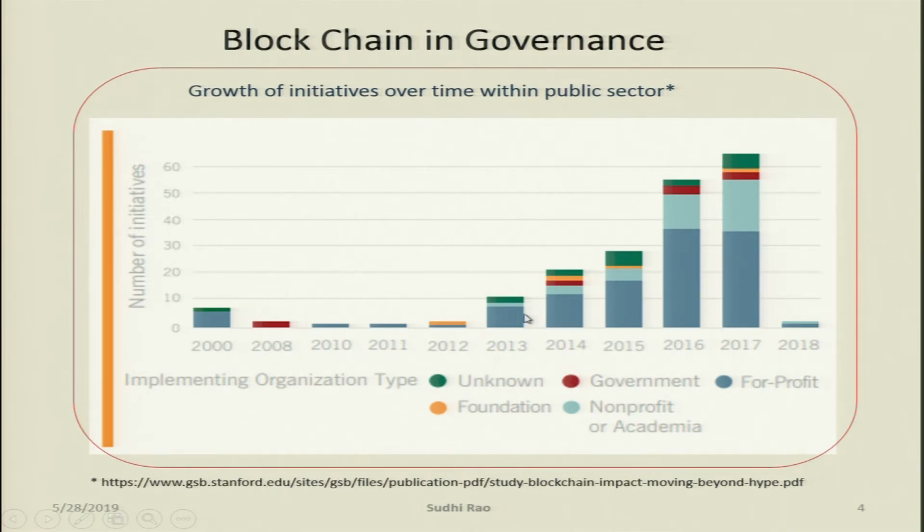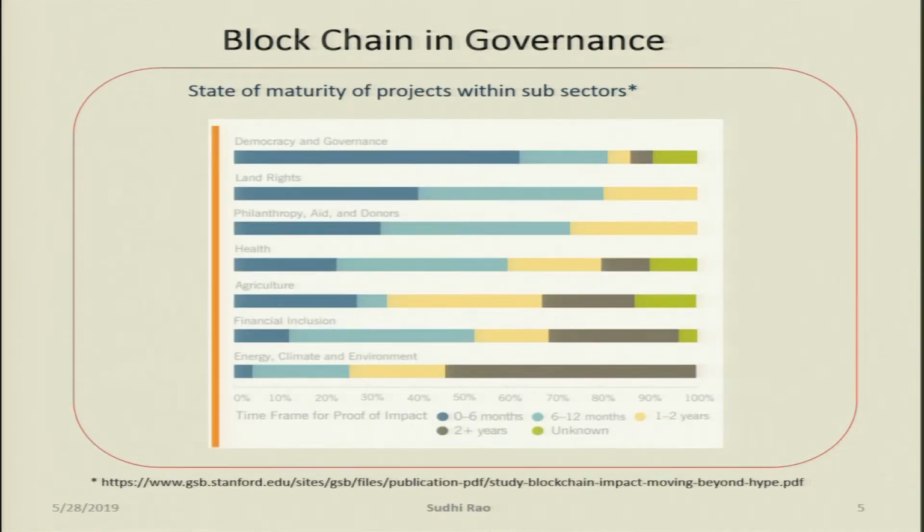Now, the biggest chunk obviously has been in for-profit organizations. The second biggest chunk is from non-profit or academic organizations. Government, slowly their participation is increasing, and there are a whole bunch of initiatives which are either unknown or cannot be classified. So, in general there is increasing interest from the public sector in leveraging blockchain.